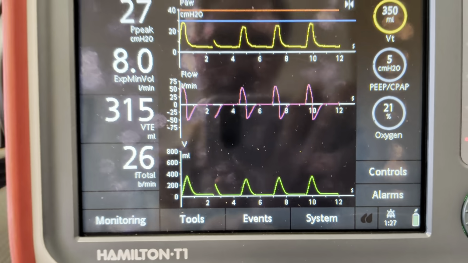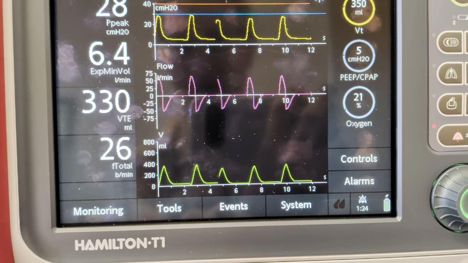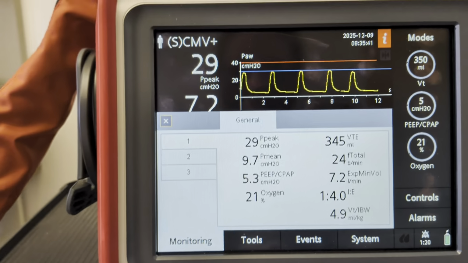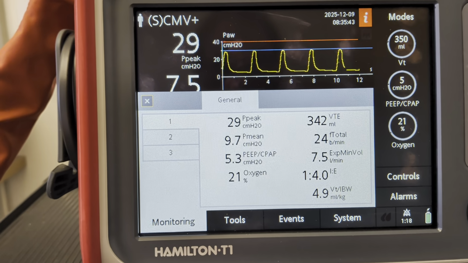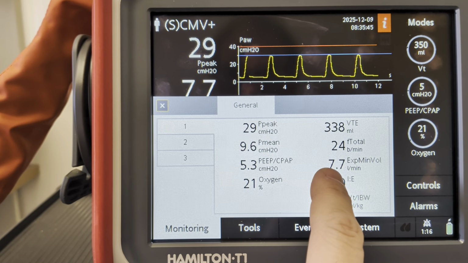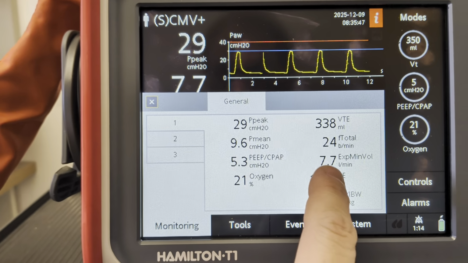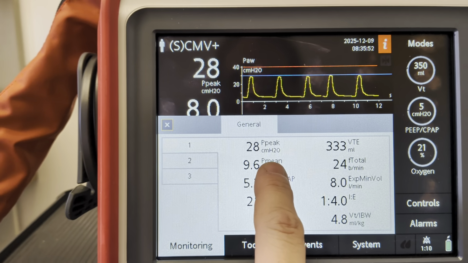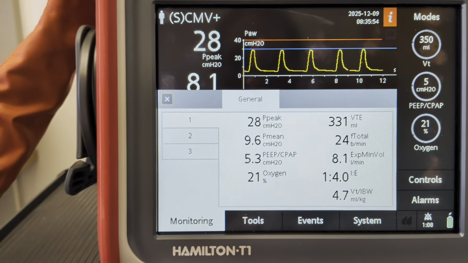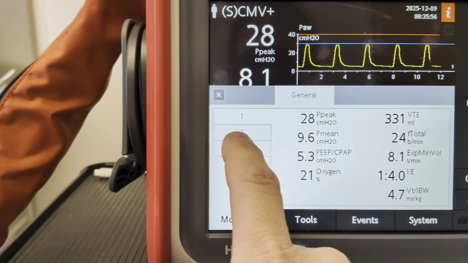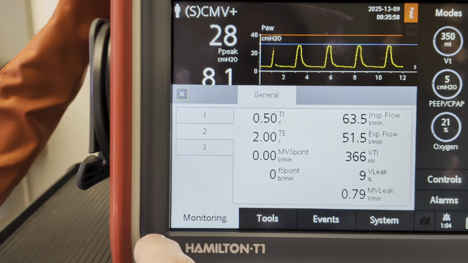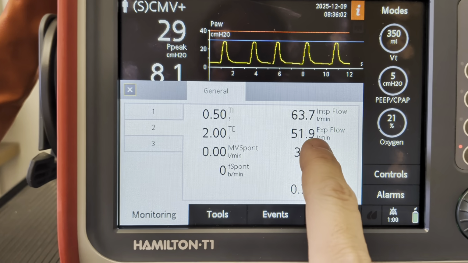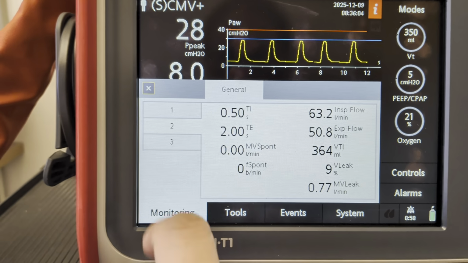The other thing that you want to do is go into your monitoring here, and in your monitoring, the ventilator is actually going to calculate the airway resistance. All right, so we talked about the mean airway pressure yesterday, but we're going to go into some of these additional options here, and you can see that you've got your inspiratory and expiratory flow.